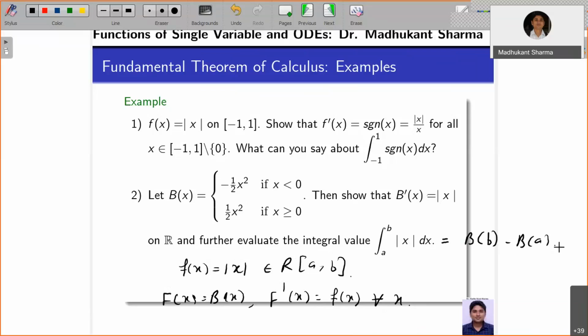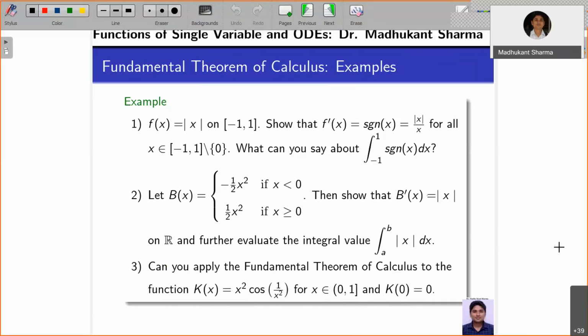Now, I have one more example here. The example asks: can you apply the fundamental theorem of calculus to the following function? This function is already known among us. It is continuous on the entire interval 0 to 1.